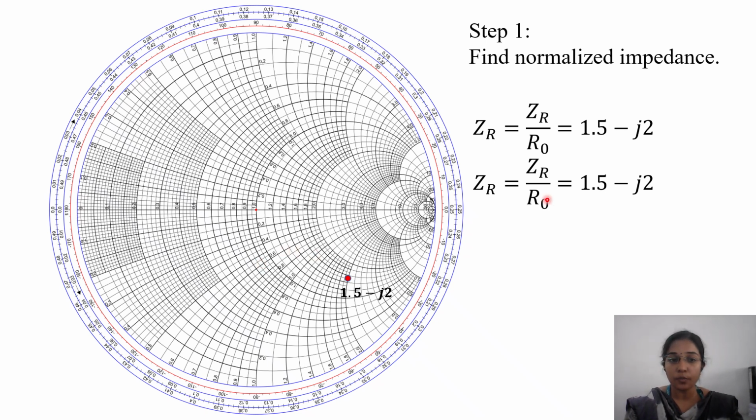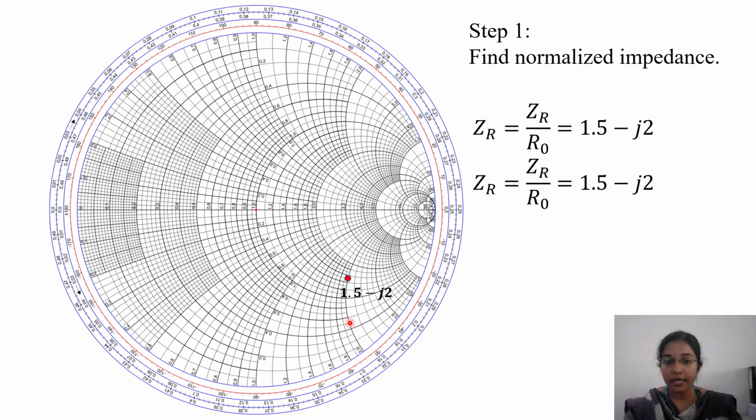So how do I trace the value? The first point is 1.5. I have to check where my 1.5 lies. Here I have 1.4, here it is 1.6, and in between the value is 1.5. I have to trace this value. I am just coming down and I have to check where the 2 arc is. So here I have my arc 2.